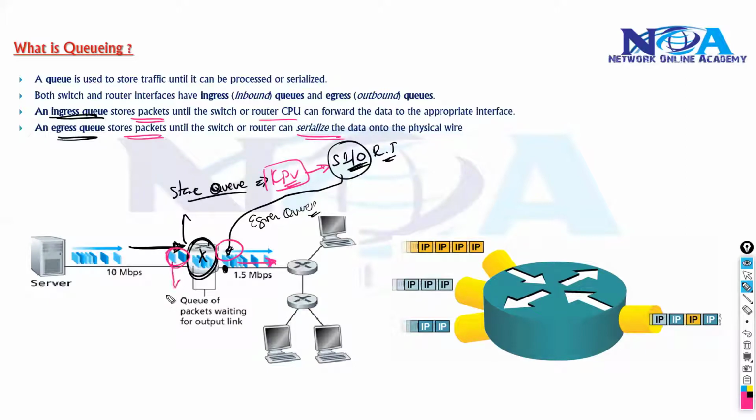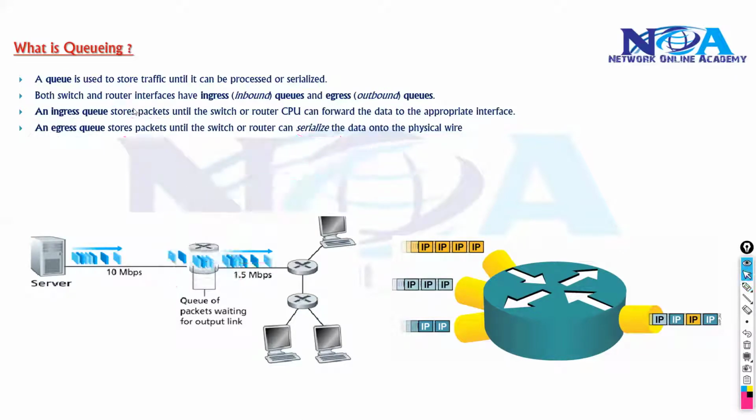Technically, we call them the input and the output queues. Both your routers and the switches have input queues and output queues. In general, a queue is like a temporary memory where it stores the packets before they're processed or sent out of the interface.